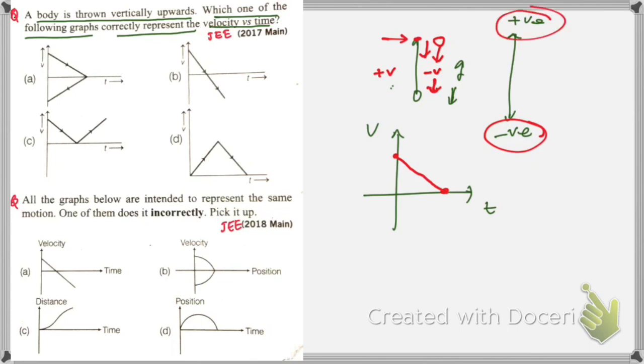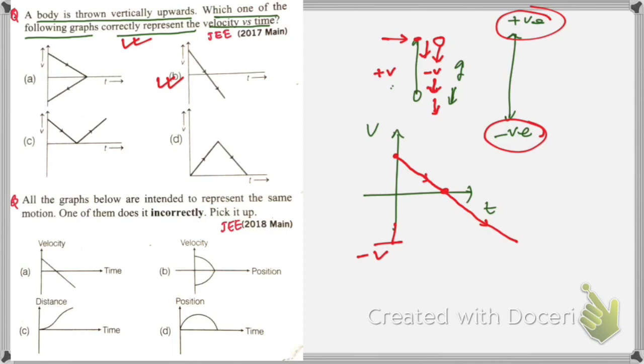So now you can see that while coming downward, the velocity towards minus v is increasing. So this type of motion mentioned in this question will be represented by this graph b. So hope you have understood this. Now let's move on to the next question.